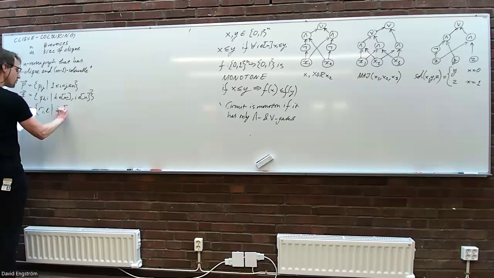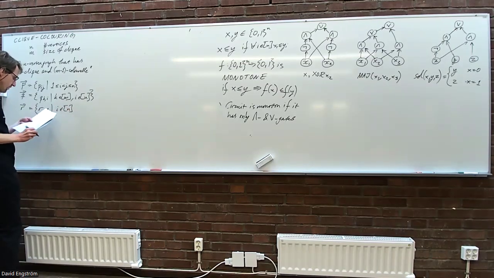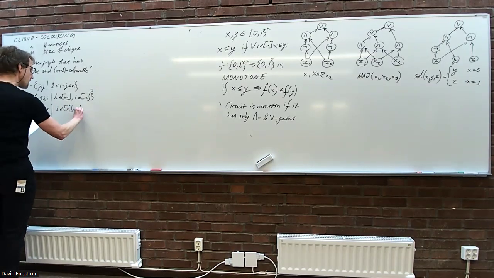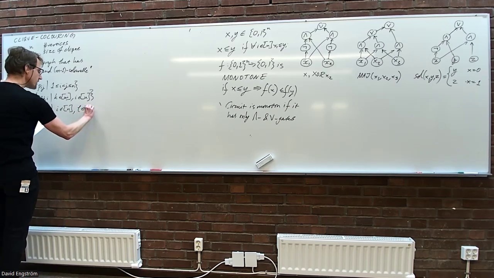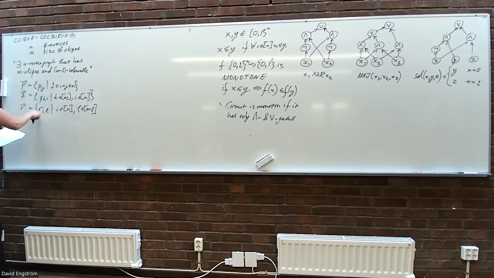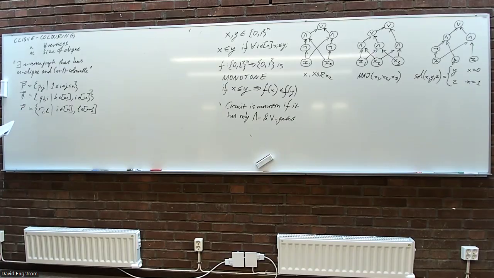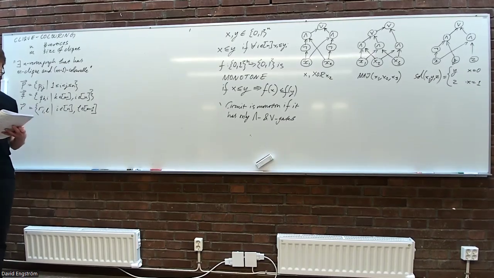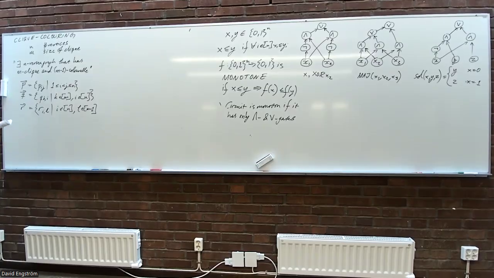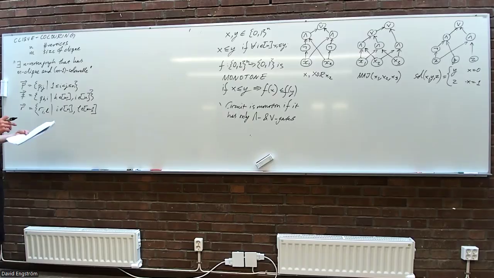And here i again ranges over the vertices, ℓ ranges over the colors. And the meaning of R_i,ℓ is vertex i has color ℓ.